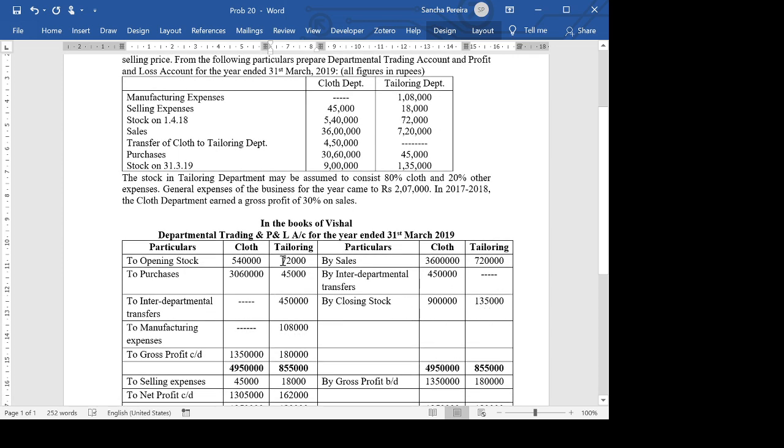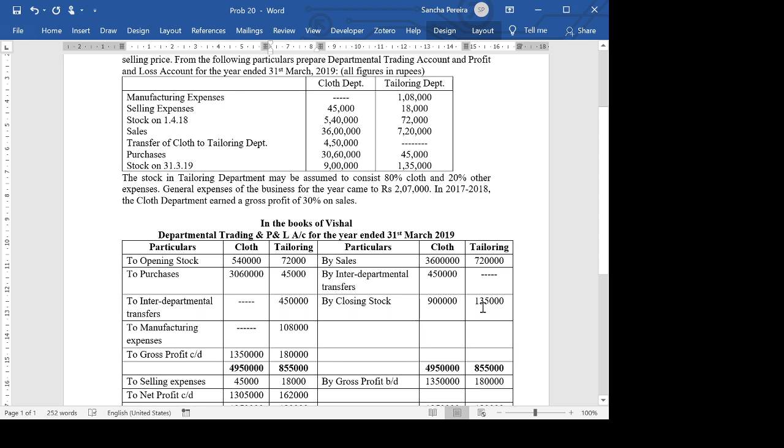For example, when we talk about the movement of stock, say the tailoring department has some opening stock that has come from last year, has purchased certain goods, has sold certain goods, as also the interdepartmental transfers. And after getting from the opening stock the purchases, the interdepartmental transfers, after selling goods, this is the stock that remains in the tailoring department.